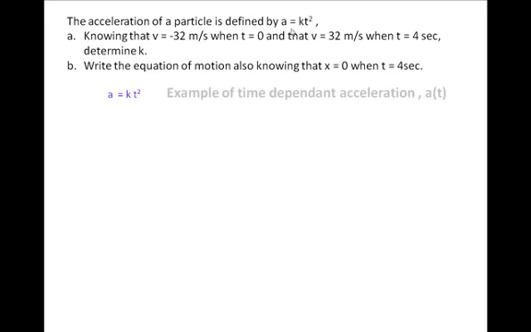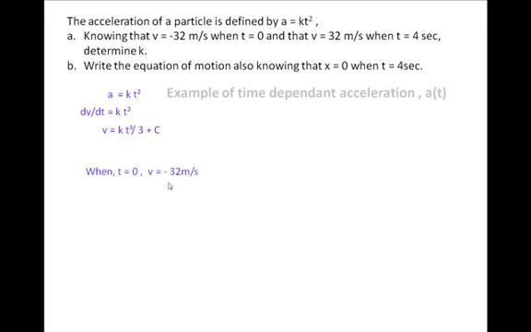So what we do, we write a is equal to kt square. Now we all know that a is nothing but dv by dt, and we integrate it, so we get v is equal to kt cube by 3 plus a constant of integration c. Now this c it is possible to evaluate because of these conditions, you see.